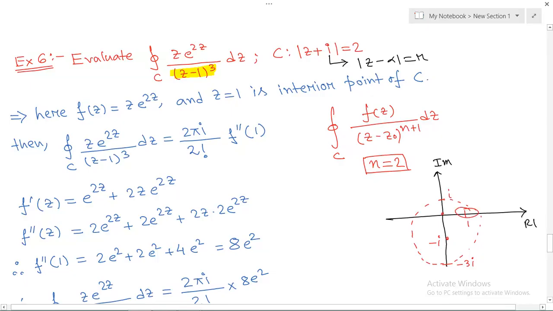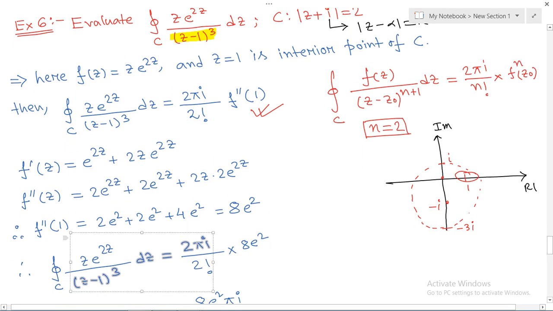using the Cauchy's integral formula, this can be 2 pi i divided by n factorial into f to the power n at z0. If we match this, n equals 2 here, 2 pi i by 2 factorial f double dashed at the point 1. So we have to find the double derivative of f.